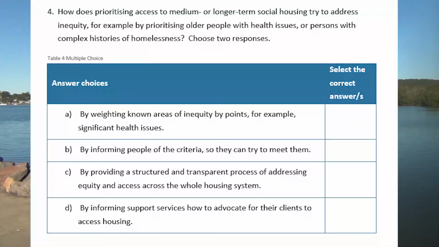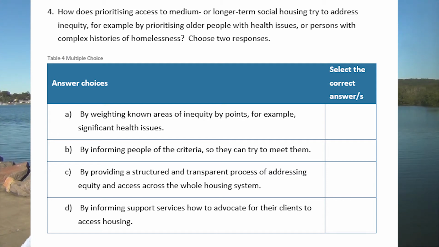Question 4, how does prioritising access to medium or longer term social housing try to address inequity, for example by prioritising older people with health issues or persons with complex histories of homelessness? Choose 2 responses. So we spoke about that social housing, so that's housing that's affordable, could be government provided through Department of Housing, but we also mentioned Hume or Compass out there in that space trying to provide accessible housing.